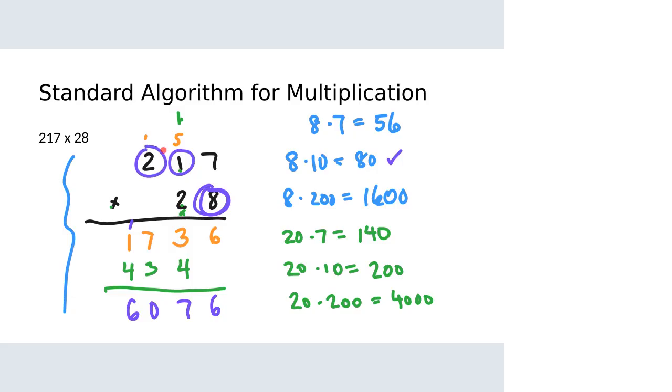When we do this 8 times this 2, we're actually doing 8 times 200. When we see this 1,736 down here, what that shows us is the result of multiplying 8 times 217. If that makes sense, then I think you're in good shape, but let me know if you have any questions.